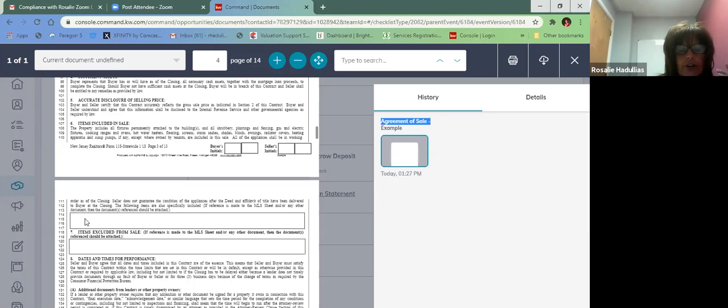I always reiterate right in this line, and I still put existing washer and dryer, gas range or electric, whatever it is, dishwasher, microwave. If there's fireplace equipment and you want it, and the seller's getting rid of it or they don't want it, I would put fireplace equipment.